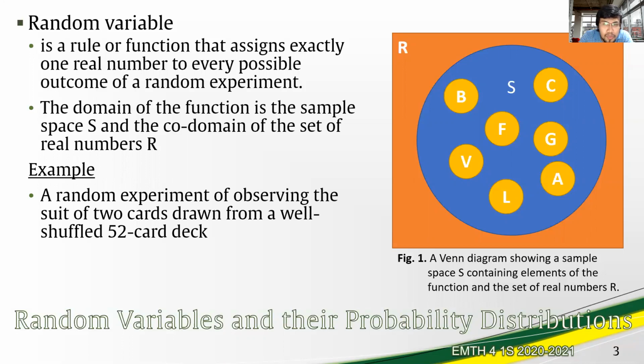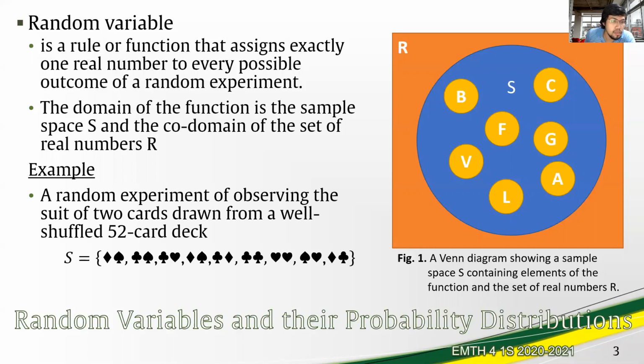S is the sample space of this random drawing of 2 cards for 9 times. And so we have the 9 results of those 9 times of drawing.